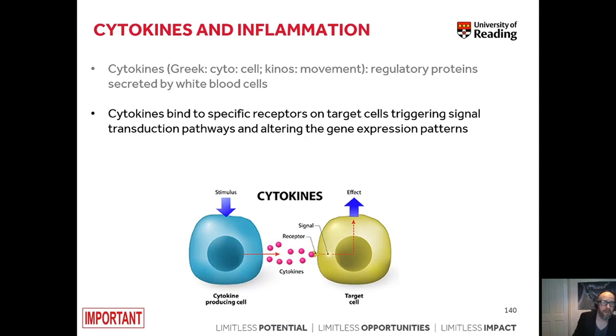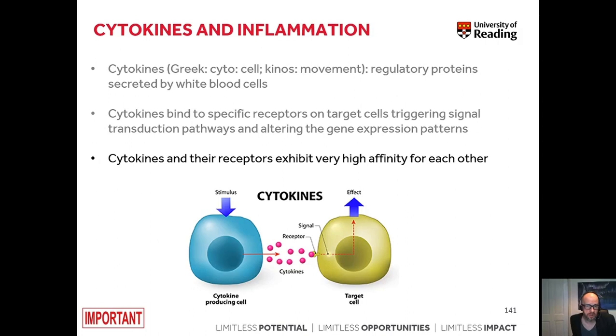Those bind to specific receptors on target cells, triggering signal transduction pathways and altering the gene expression patterns. So once cytokines are released by immune system cells, this leads to activation of further cells within the immune system, and this is sort of a feed-forward loop.